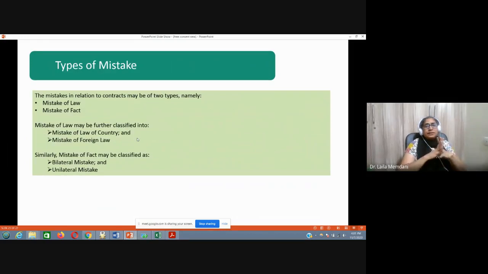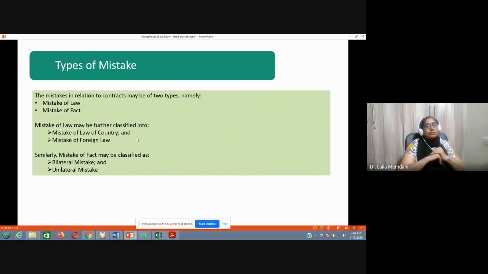Then the last one in this is mistake. Mistakes are of two types, mistake of law and mistake of fact. Now, mistake of law is again of two types, mistake of law of your own country and mistake of foreign law. Mistake of law of your own country is not an excuse and the contract is valid. Everybody is supposed to be aware of the law of their own land.